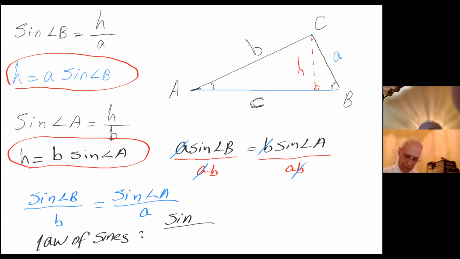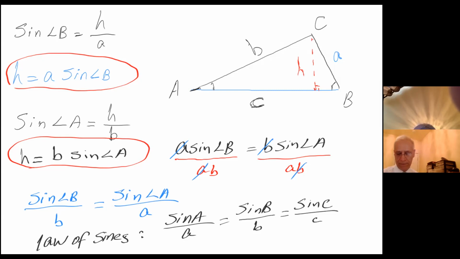Sine of A over a equals sine of B over b equals sine of C over c.